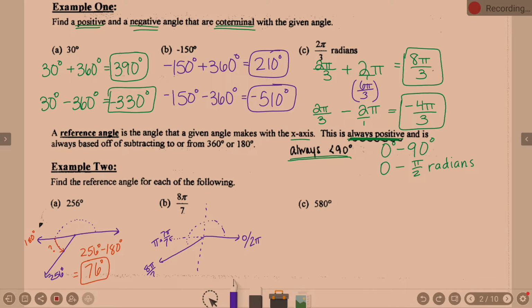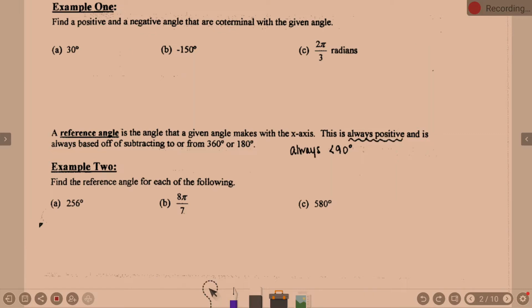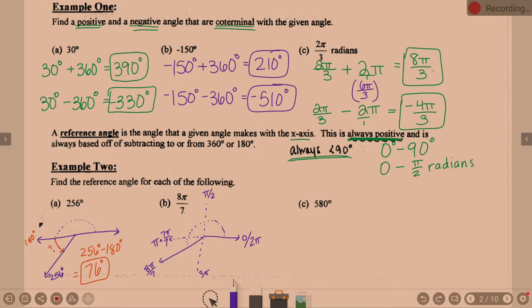It's also helpful to know up here, remember this is pi over 2, and down here is 3 pi over 2.